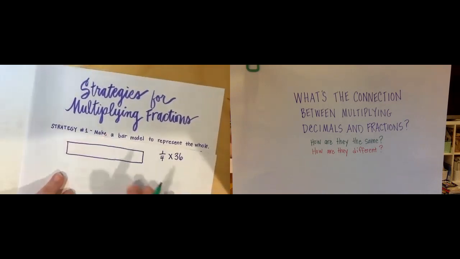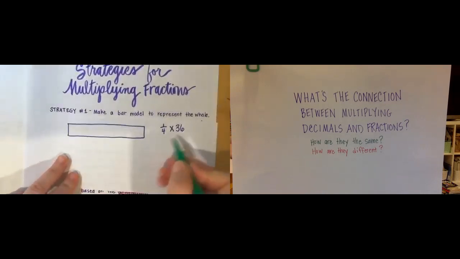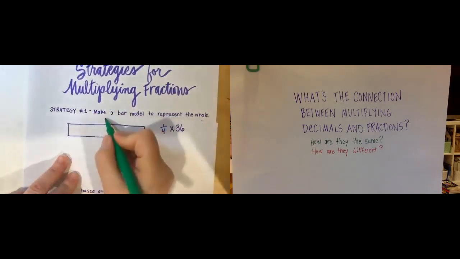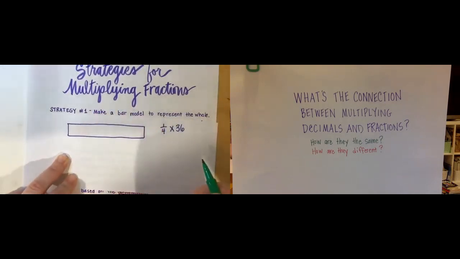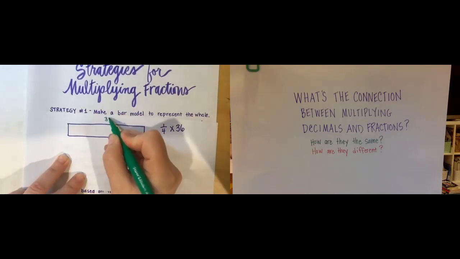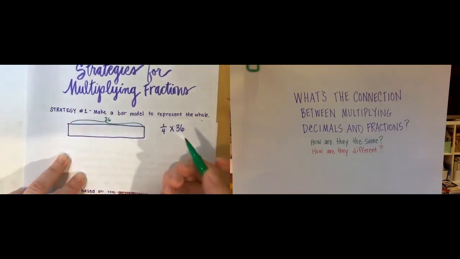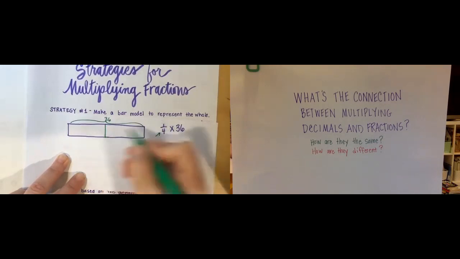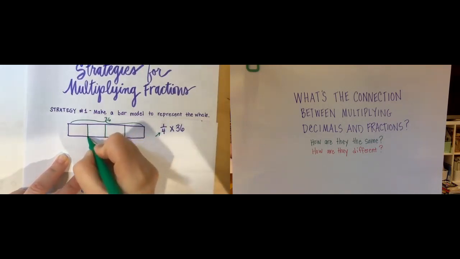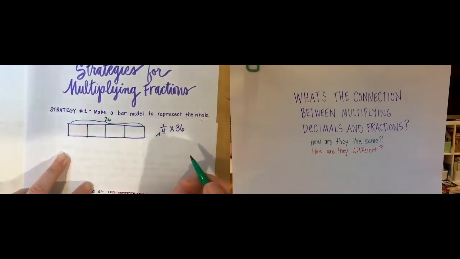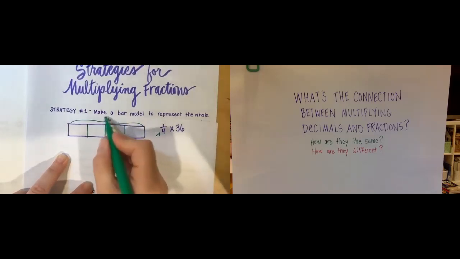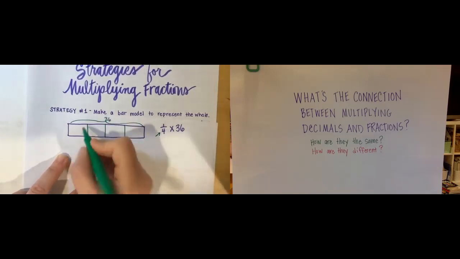So we're going to think about the problem here, 1/4 of 36. Okay, so step 1 is to make the bar and know what it represents. So right here, our whole is 36. Okay, we're going to divide that bar into equal parts by looking at the denominator. It'll tell us how many equal parts we need. Okay, and then we're going to divide our whole into the equal parts, kind of separate them out.